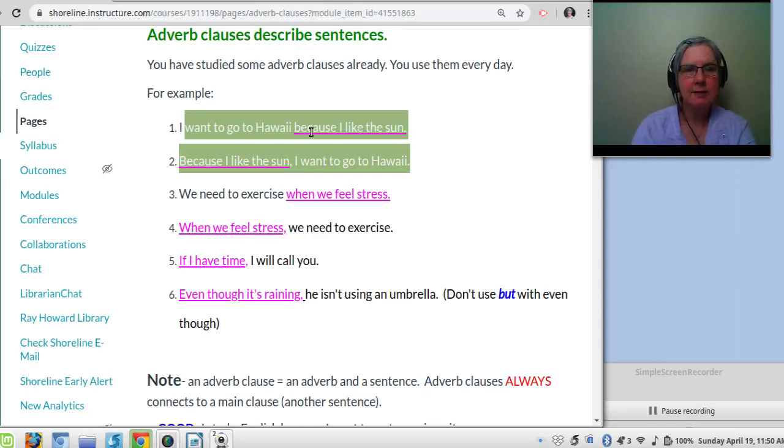Sentence, because, sentence. Because, sentence, comma, sentence. So when you're writing English, you never say, because I like the sun, period. No, that's called an incomplete sentence. It's not correct.